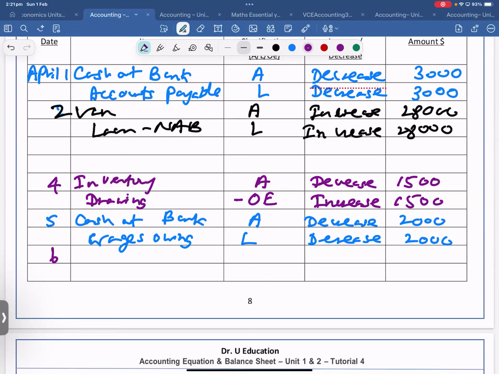Next one is number 6. It's going to be computer, asset increase 4,000. Next one will be capital, owner's equity increase 4,000.